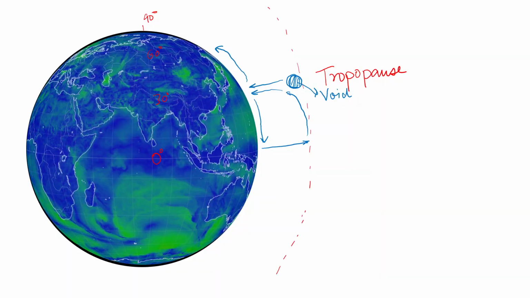Same way, from the poles, the cooler air mass comes up towards 60° latitude. This air mass, which is coming from 90° latitude, pushes the air from the 30° latitude up. So we get the polar front over here.